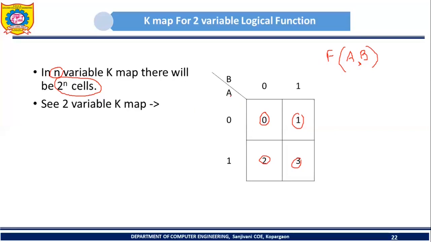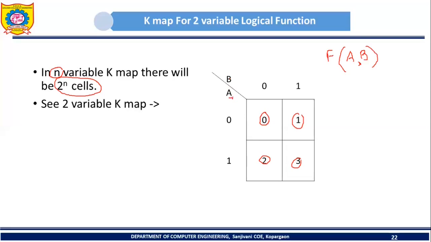In some books you will find MSB on the top side and LSB on the bottom side, so don't get confused. You can follow any approach, but it will be better if you use the approach which I am going to follow. I will write MSB on the bottom side and LSB on the top side.